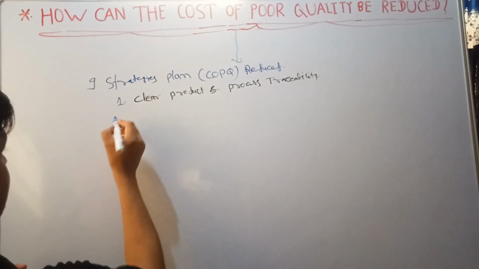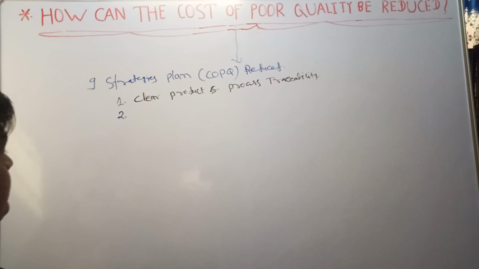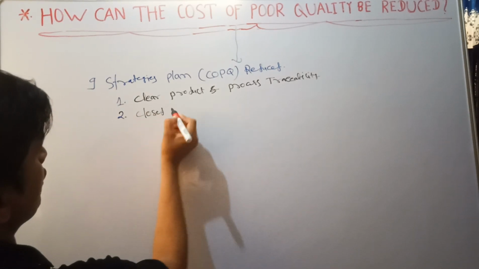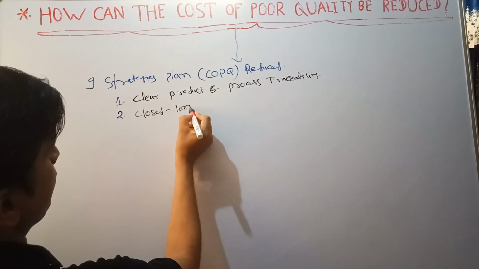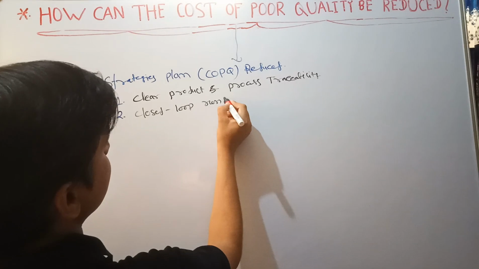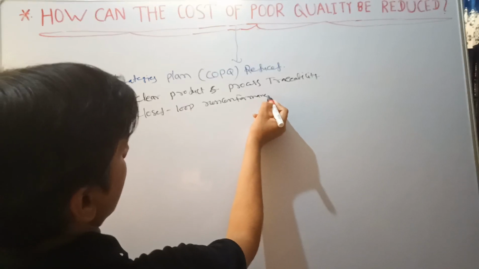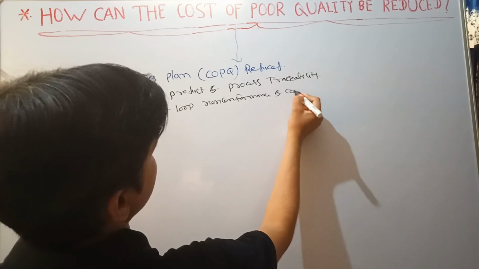Second is the closed loop nonconformance and corrective action.